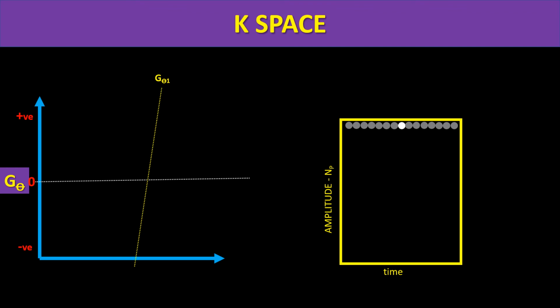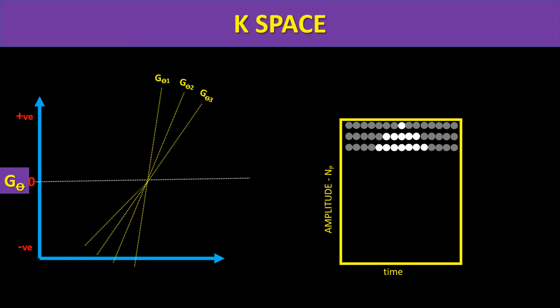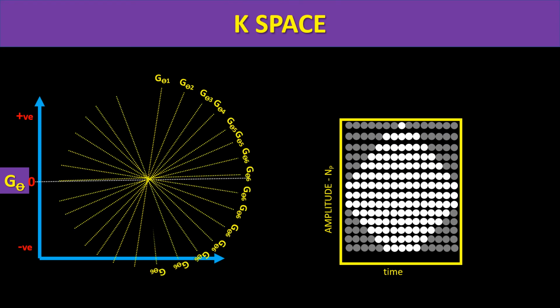So what will happen? If I want to discriminate between two points, we have to use the peripheral part of K space. This is a very important principle. What we have to understand by this image is that the center of the K space has maximum amplitude, and the periphery of the K space has maximum phase difference.